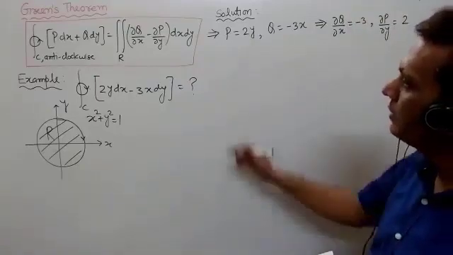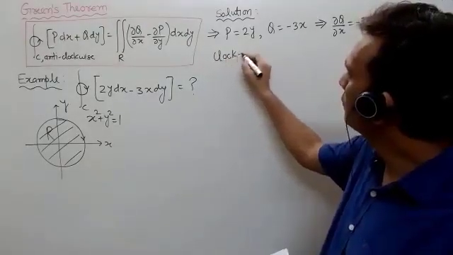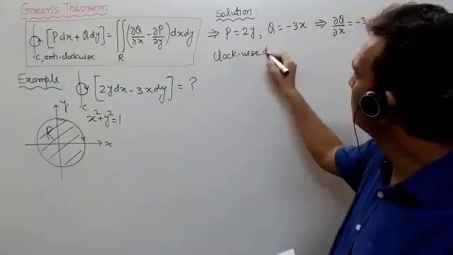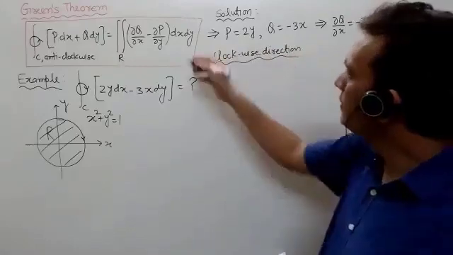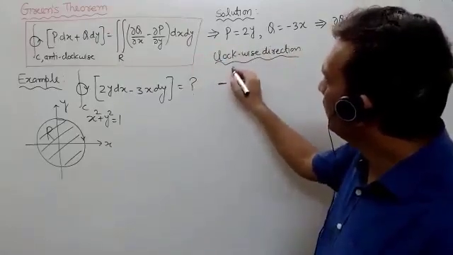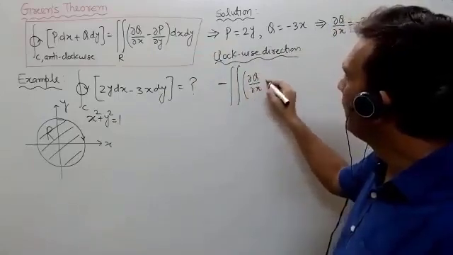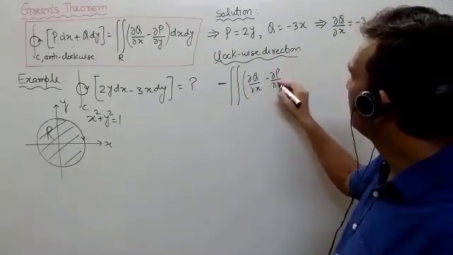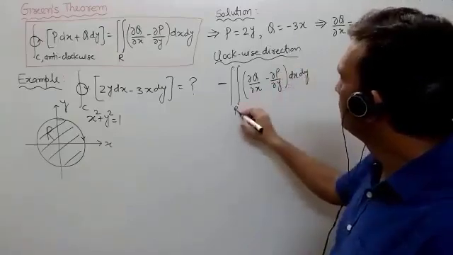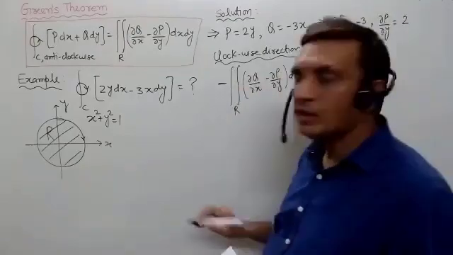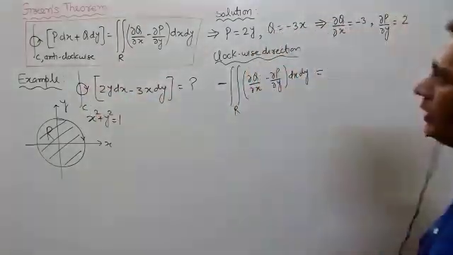So in this case, since direction is clockwise, right hand side will be with minus sign. You have to calculate this with minus sign for same integral, because this is clockwise.